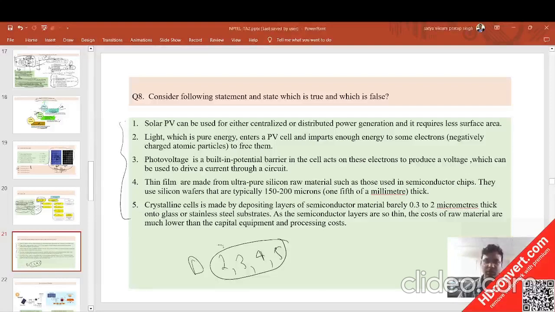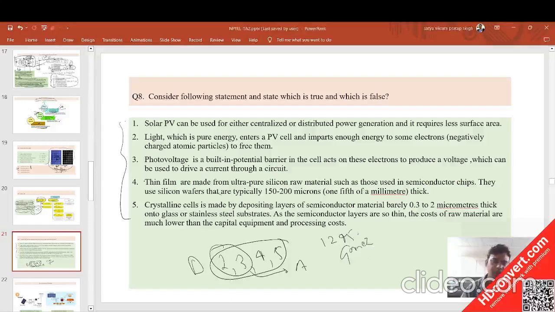Akshita is giving 2 and 3. Any other answers? Gomez is giving 1, 2, 4, 5. Okay, 1, 2, 4, 5 by Gomez. Any other answers?